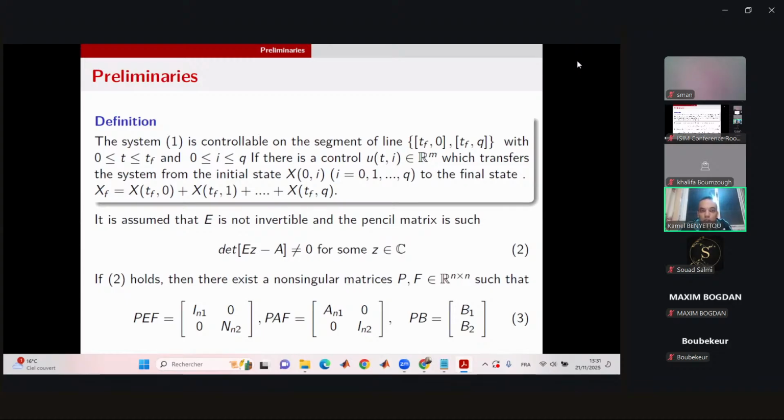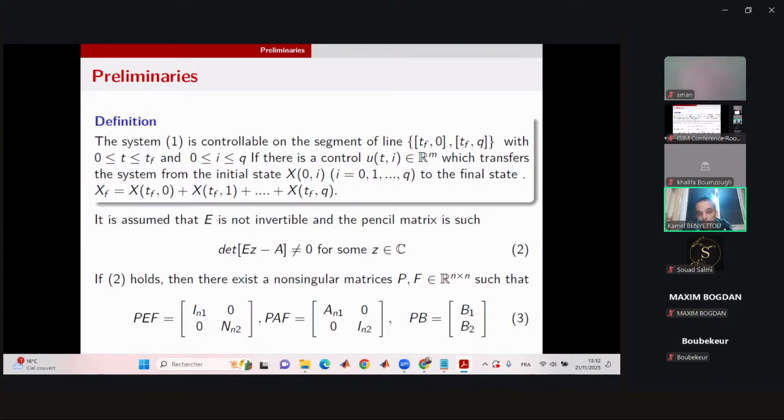The system is controllable on the segment line, with t greater than 0 and less than t final, and also i, if there exists a control u(t, i), or a command, which transfers or steers the state of our system from the initial state to the final state. Note that we can represent the final state by these sub-terms.